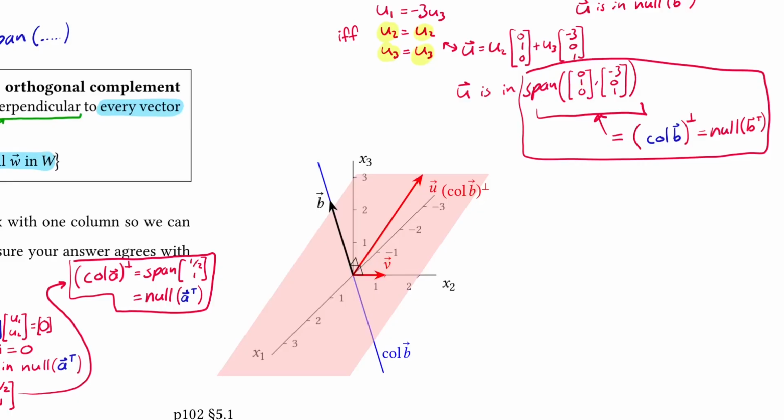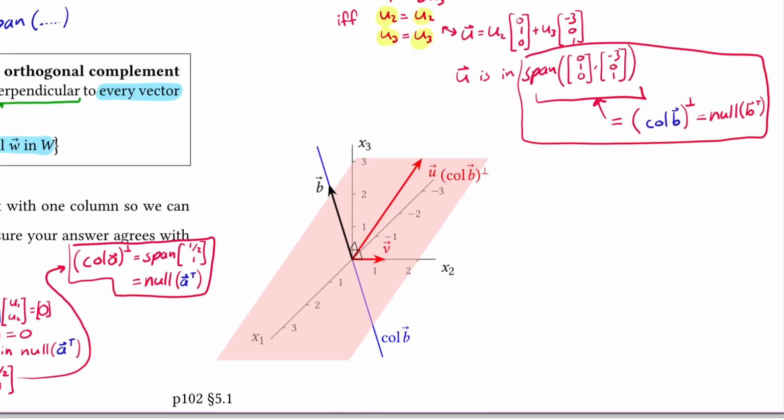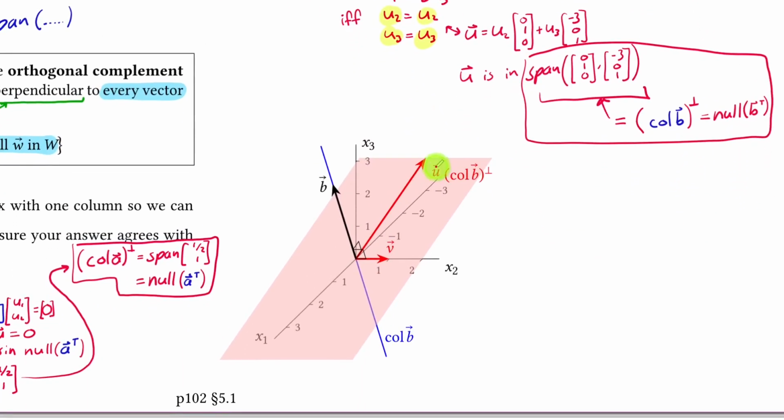The u, oh, maybe this picture isn't great because I'm using u for something different. Okay, so it doesn't quite agree. Let's call that W. Okay, so this is W, and this is the V we're talking about.